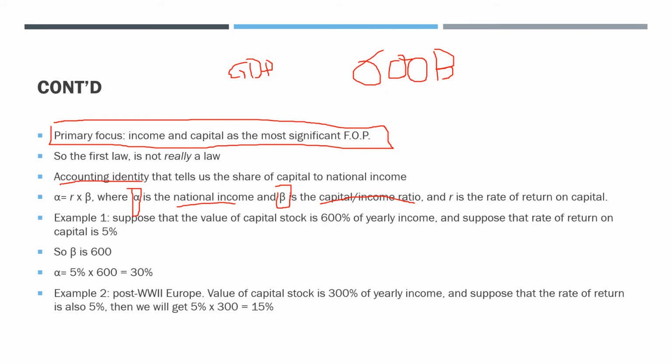Then assume that the GDP of the country is 1 billion. So then we just take 600 divided by 1 equals 600. So that is our beta, right?